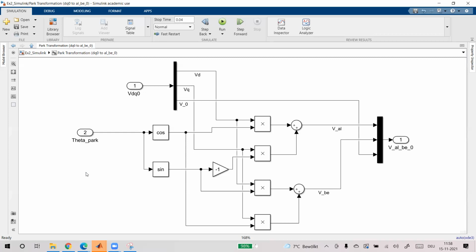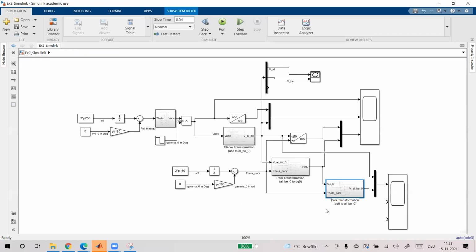Okay, right, and leave it. Then you can use it. So this is the inverse part.